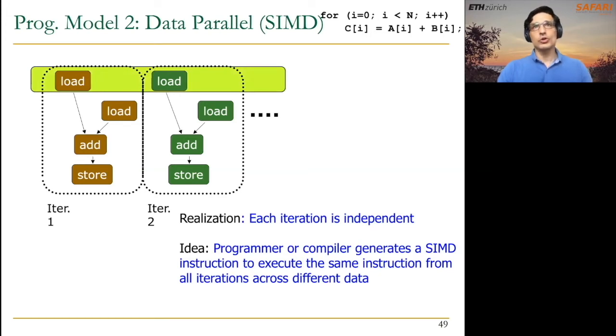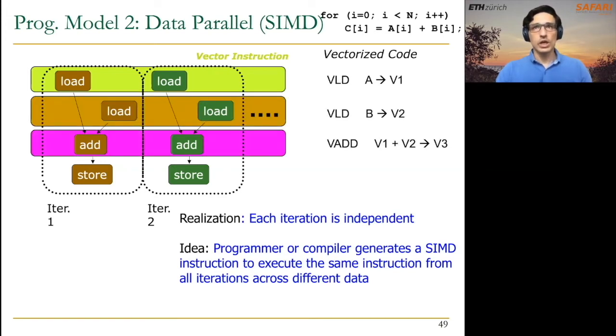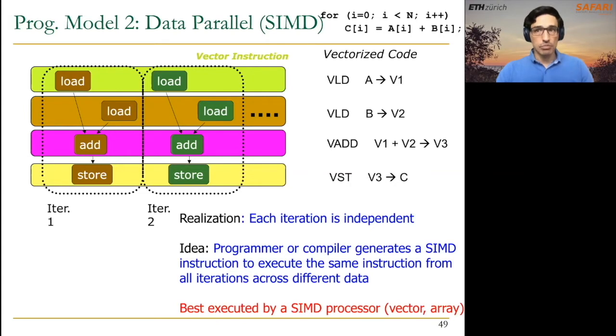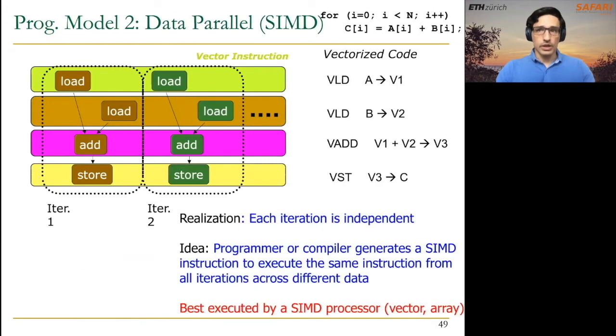So these two loads and a few more of them, until the maximum vector length that we have, is a vector instruction. This will be a vector load. Here we have another vector load. Here we have a vector add, and finally a vector store. As you know, where this is best executed is in a SIMD processor like vector or array processors. And that's something that we have seen in the previous lecture.